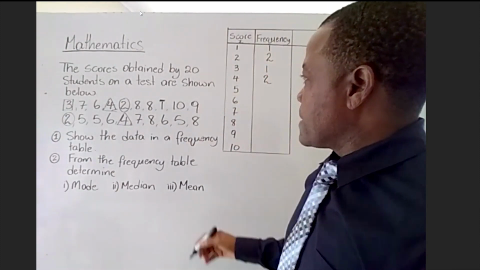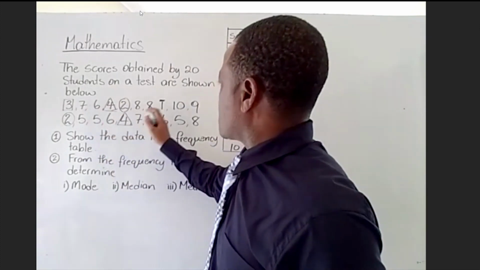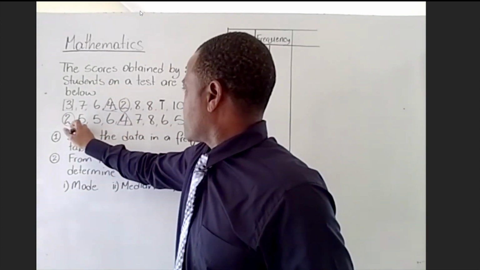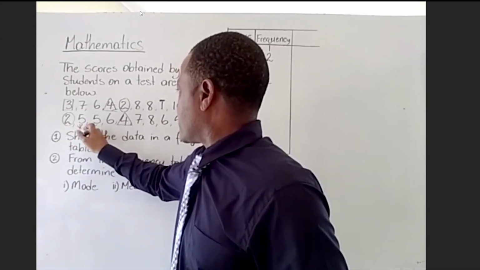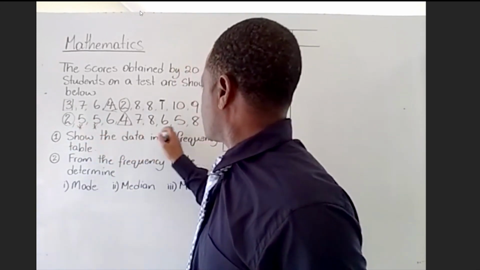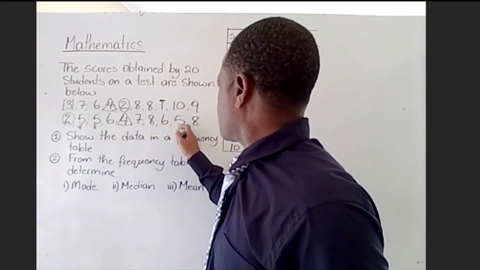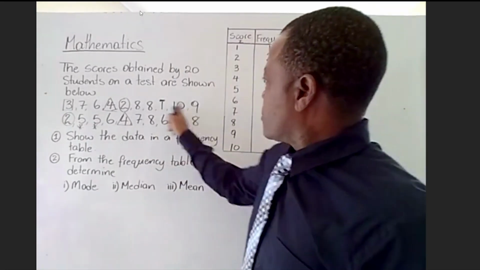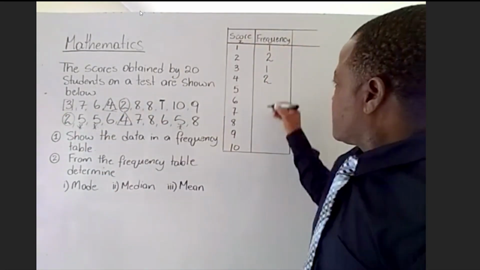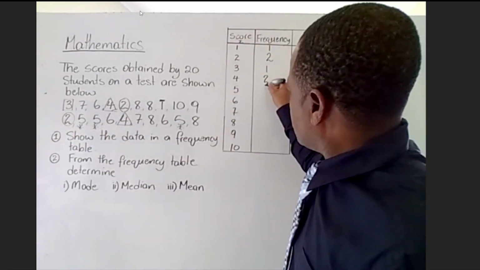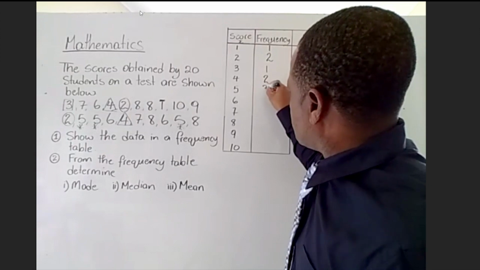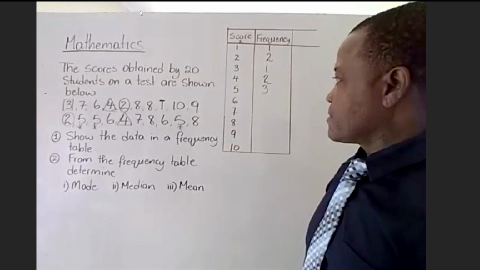What about 5? I'm running out of shapes now, so I'm going to use my asterisk. That's 1, 2, 3. We don't have any more up there. So 5 appears 3 times. What about 6?